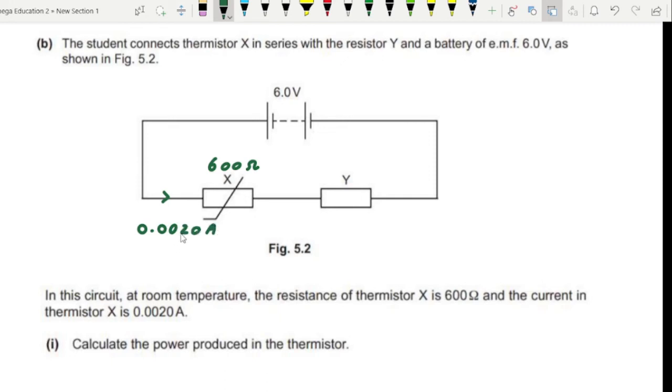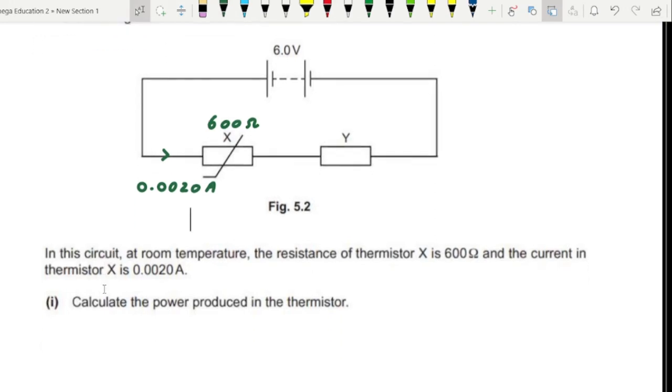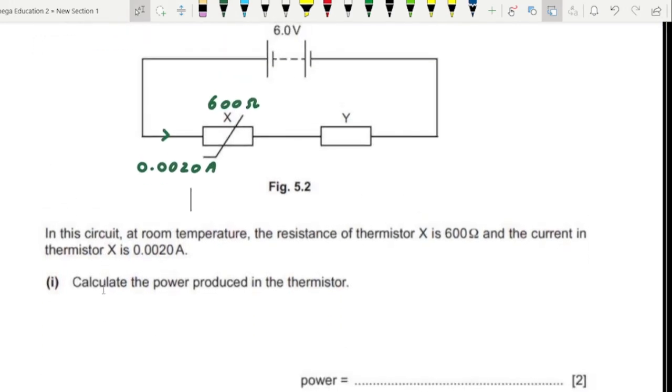Calculate the power produced in the thermistor. This one is 2 marks.